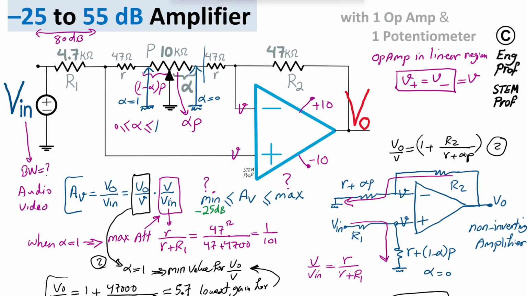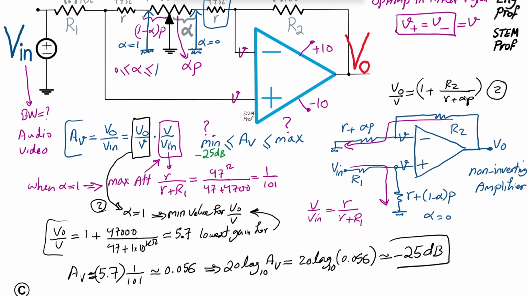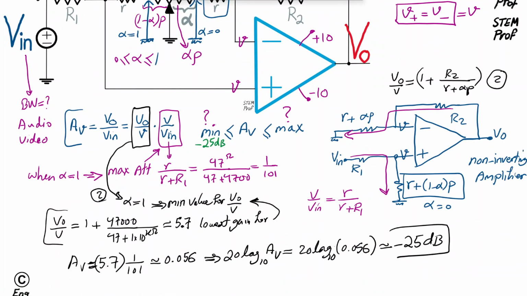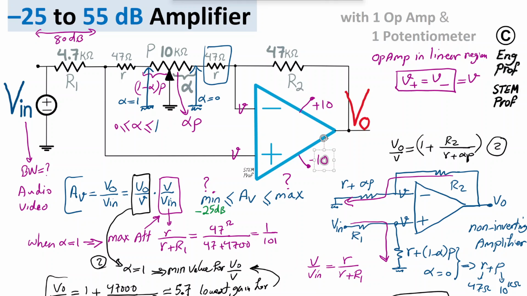Basically now the 47 ohm resistor is the only resistor observed between the negative terminal and ground. So what happens is this resistor is maximized by alpha 0. So we get R plus P, and R is 47 ohm. P is 10 kilo ohm.